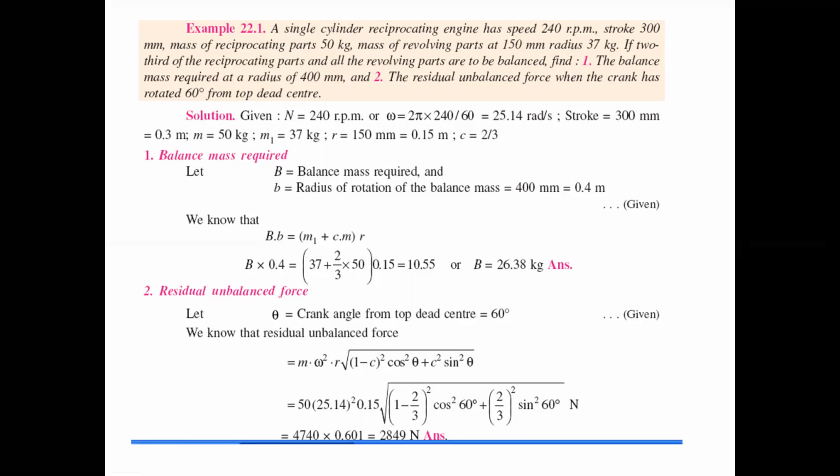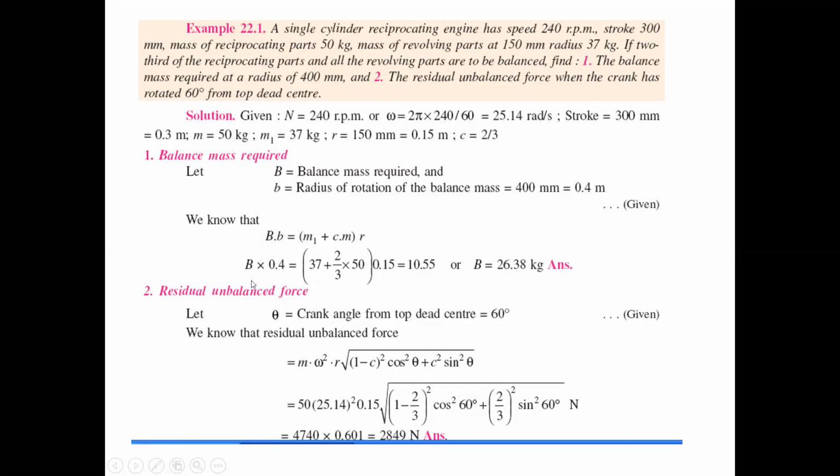Now, first let us find the balancing mass at the radius of 400 mm. The balancing mass required is capital B, the balancing mass representing capital B, and small b is the radius of rotation. Now let us take the balancing mass equation: capital B b equals (m1 plus c m) r. Just substitute the values.